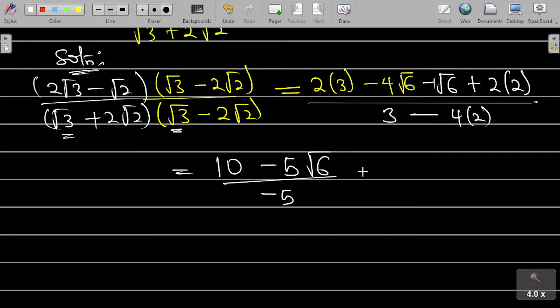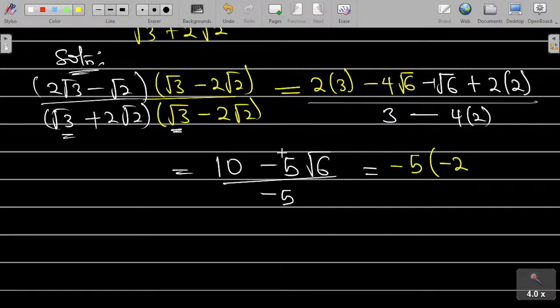All you need to do now is you can factorize 5 from the numerator. Why am I doing that? Because I want to cancel this denominator. Or in fact, factorize minus 5 so that everything in the denominator will go. So if I factorize minus 5, see what will happen. Minus 5 divide 10 will give me minus 2.